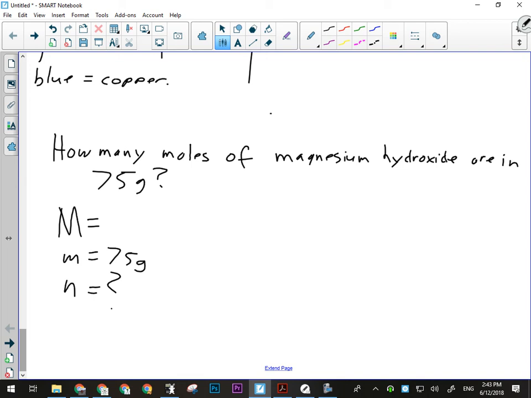In order to calculate molar mass, I need to take the name and put it into its formula form. Magnesium is Mg, and hydroxide is a polyatomic ion. Now, magnesium has a 2+ charge, while hydroxide is a -1. So what do I have to do with this?